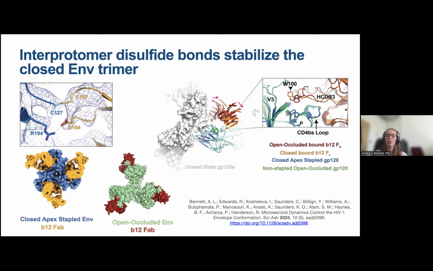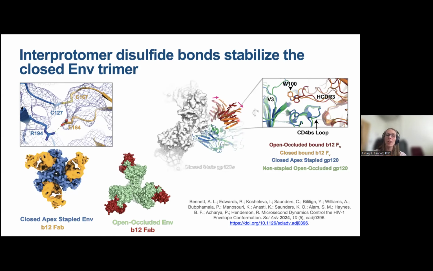You see the disulfide staple in blue and the open occluded structure here in green, and there are not that significant differences in this GP120 structure. But when we look at the antibodies, with the closed structure in this orange color and the open occluded bound B12 in the red, we can see that there's a pretty significant shift in the angle of approach for this antibody binding to the GP120. And so this was very interesting to us.